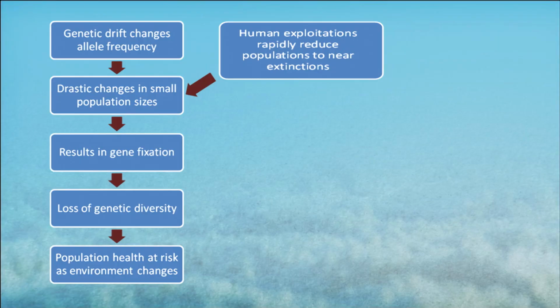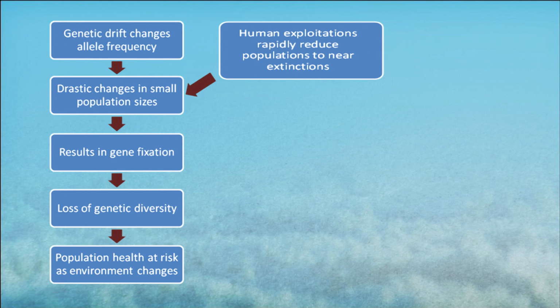So because genetic bottlenecks due to our exploitation of them have been so pronounced in marine mammals, let's take another look again at how all of these concepts relate. So we started with the idea that genetic drift will change allele frequency. It's not usually pronounced unless you have a really small population size. Now this has happened with many marine mammals as a result of hunting activities, such as genetic bottlenecks.